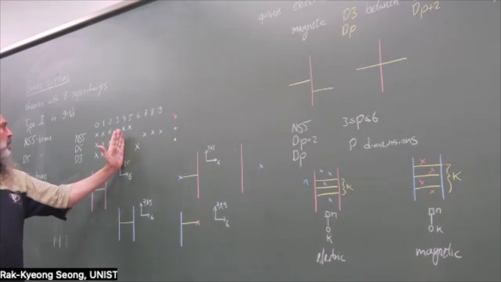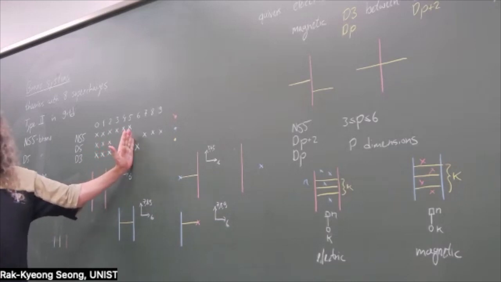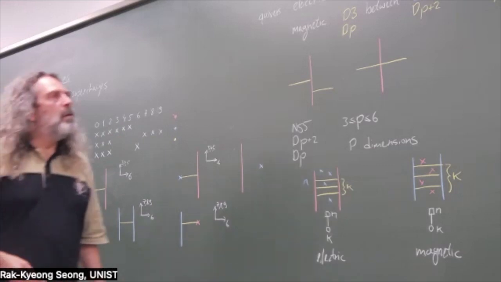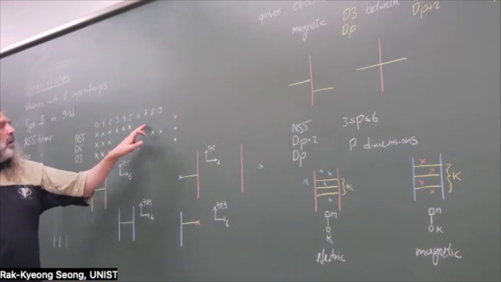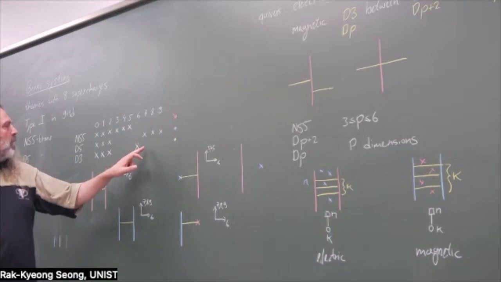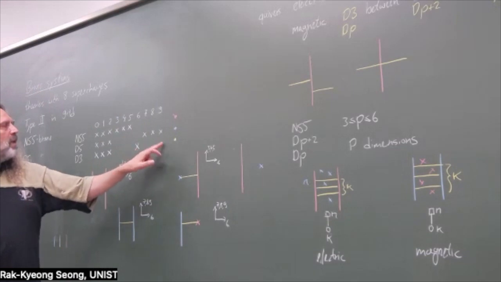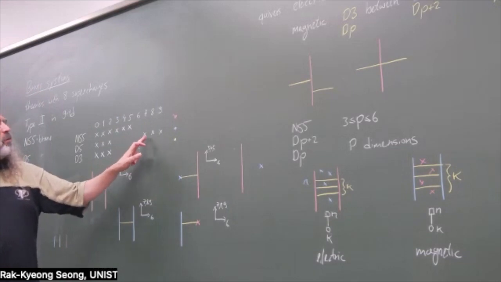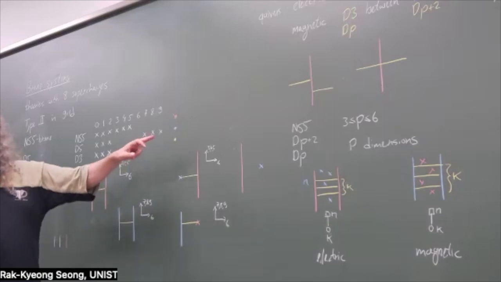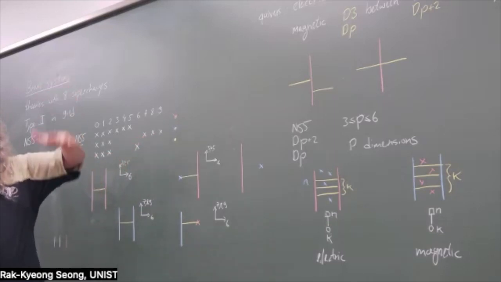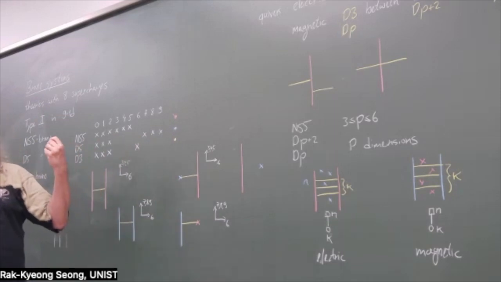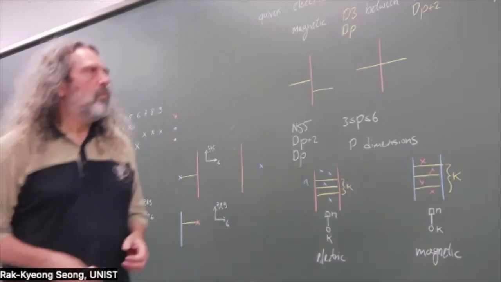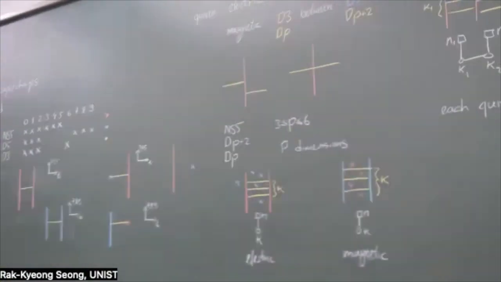And then the next one will be D5, D7, and D6, D8. But in all of those cases, the Dp brane will be fixed in 7, 8, 9, and the D(p+2) brane will span 7, 8, 9. So I have moduli. And those moduli will parameterize the Higgs branch in this case.